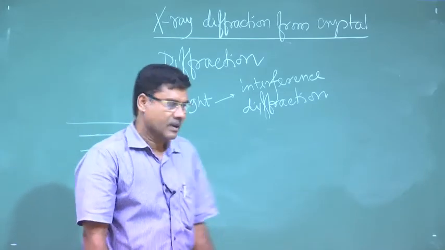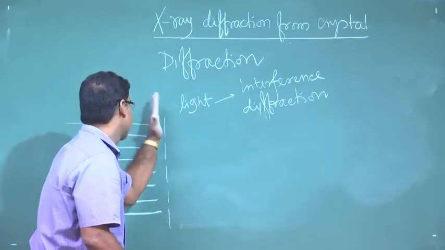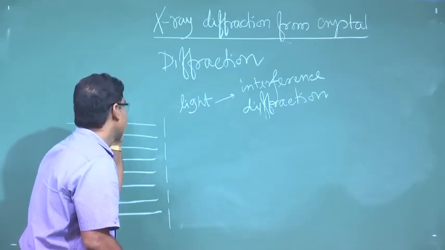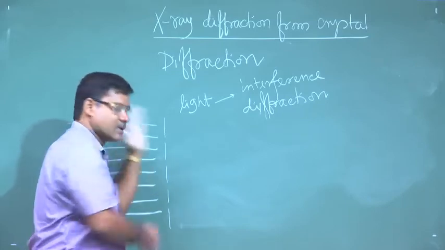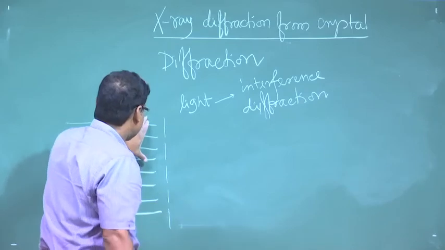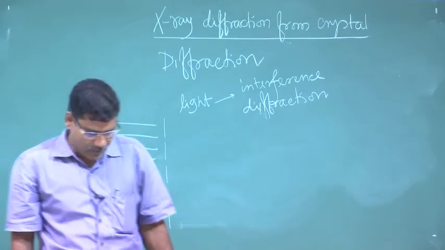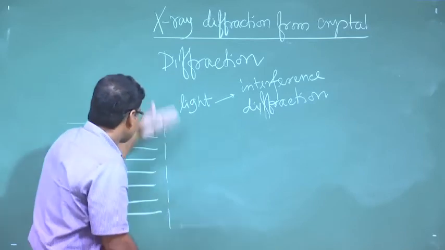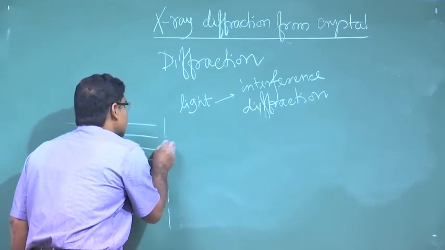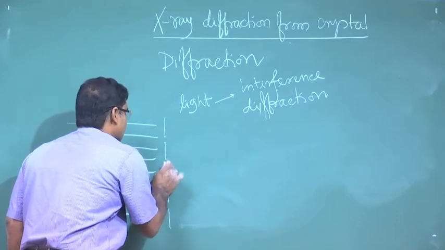This means that on a plane the phase is the same everywhere. If we draw a plane here, the phases are the same, and then we say it is a plane wave. So a plane wave is coming and falling on some obstacle, and this obstacle has a hole.